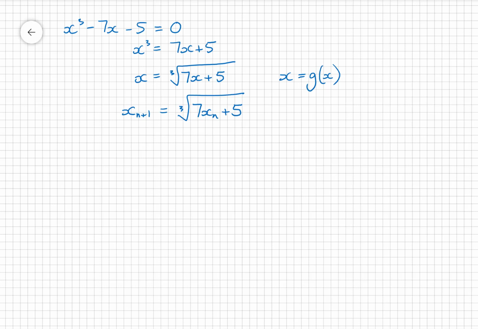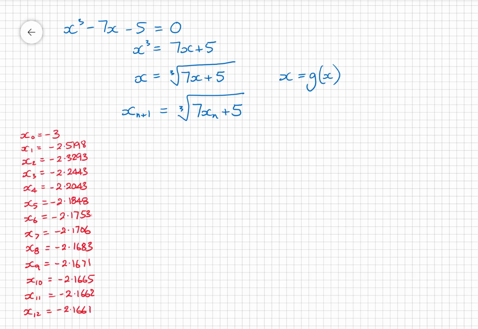So our first starting value, suggested by the change of sign method, was x0 is equal to minus 3. And there are the results that come from the sequence of values of x generated by this new iterative relationship. And you'll see that although it converges slowly, it does converge on the solution x is equal to minus 2.166.